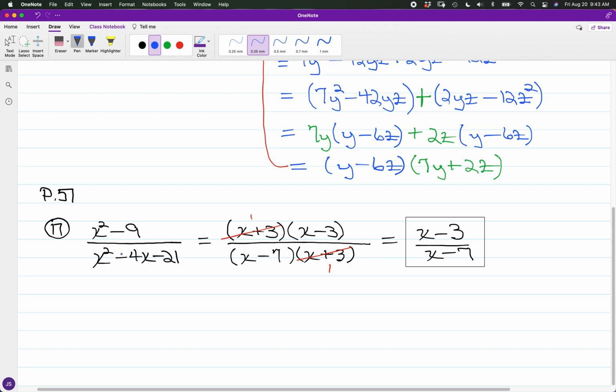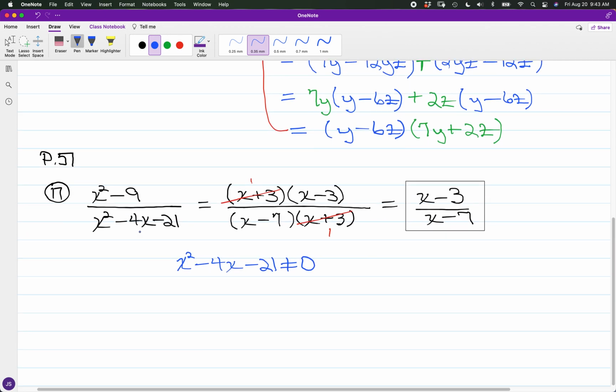So for this fraction to be defined, the restriction is that x squared minus 4x minus 21 cannot be 0, and if this cannot be 0, neither can its factors. So in terms of the restricted values, x minus 7 cannot be 0.